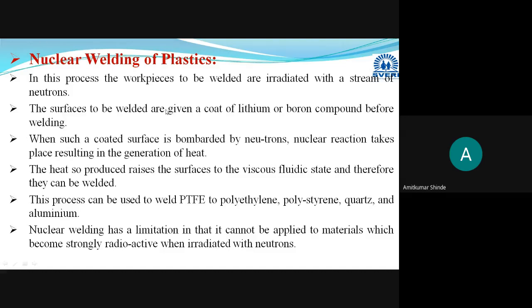In nuclear welding, the heating source is different. Here the heating source is a stream of neutrons, or a radioactive isotope material, which is used to obtain the desired heat, so that we can melt the surface of the plastic material to be joined.